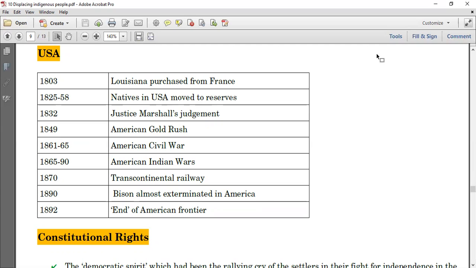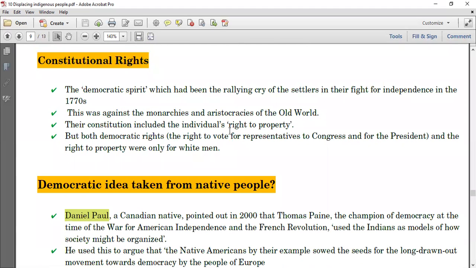And 1892, the end of the American frontier.